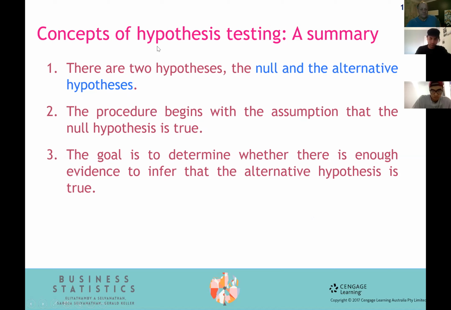So, in summary, there's two hypotheses, a null hypothesis and an alternative. The procedure begins with the assumption that the null hypothesis is true. You always start with somebody is innocent. The goal is to determine whether there's enough evidence to infer that the alternative hypothesis is true.